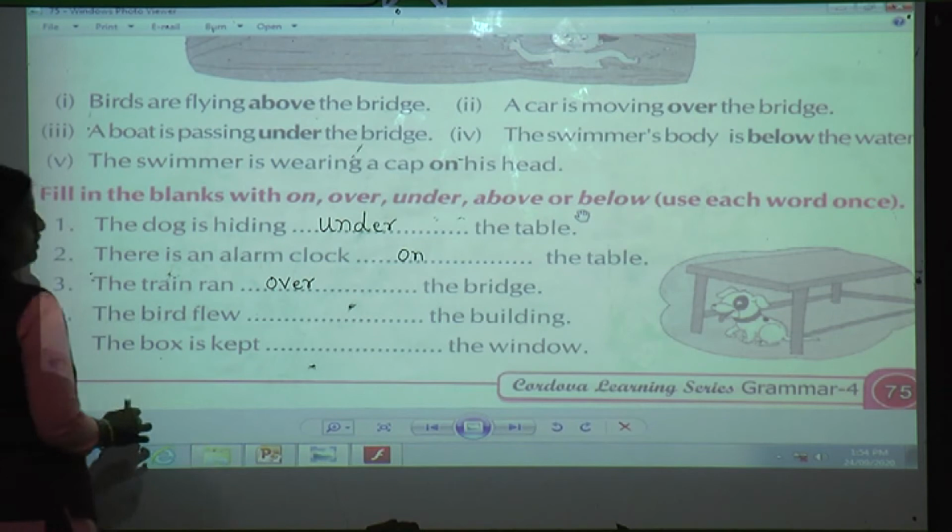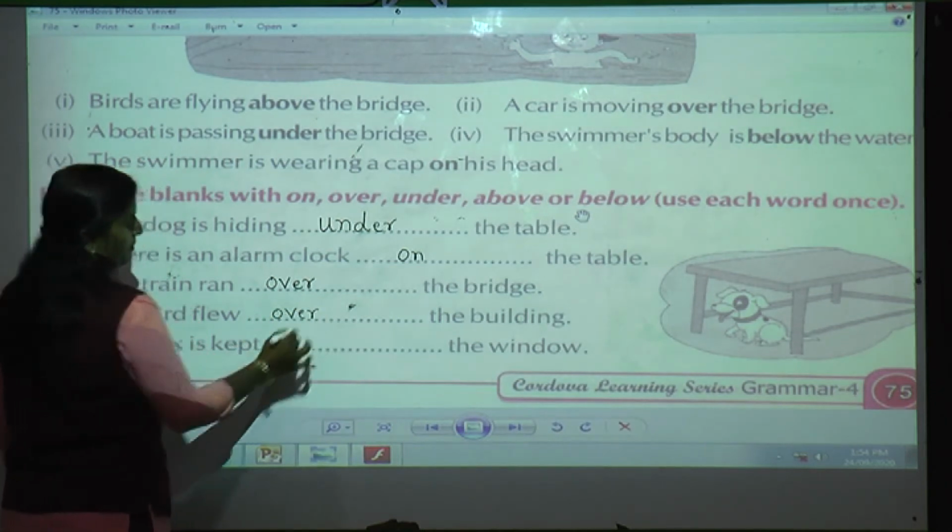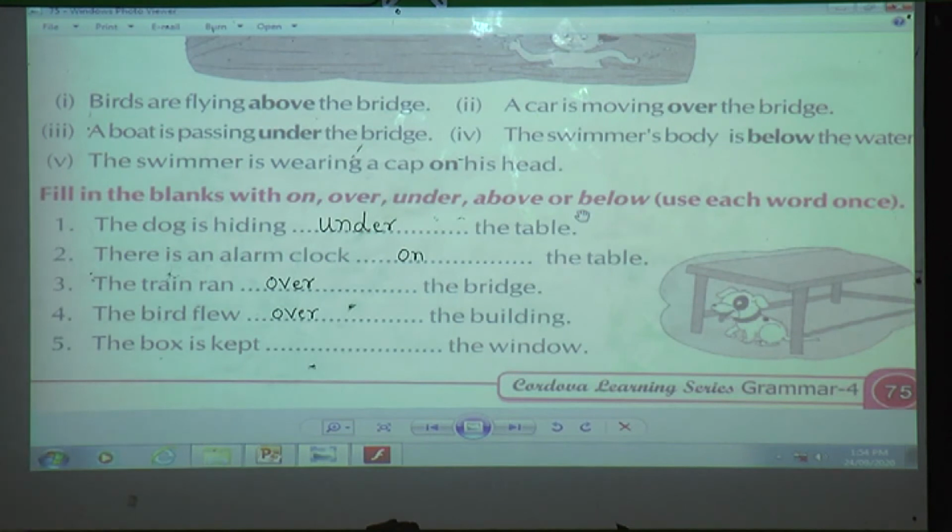The bird flew over the building. The box, here we can use above. The bird flew above the building.